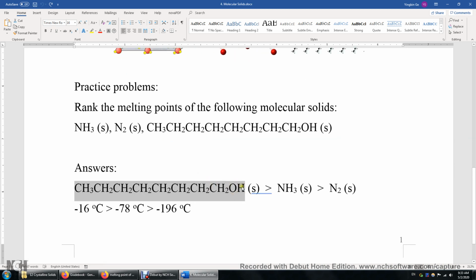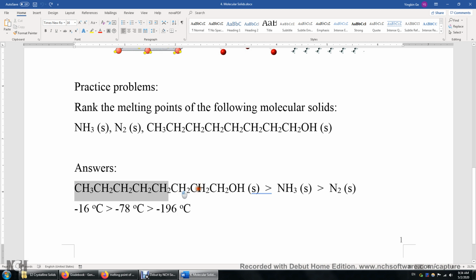Over here, there's only 1 hydrogen bond. So roughly speaking, yes, there's a lot of dispersion between two adjacent long carbon chains, but maybe this dispersion is slightly weaker than a hydrogen bond. That's why this molecule has a lower melting point than water.